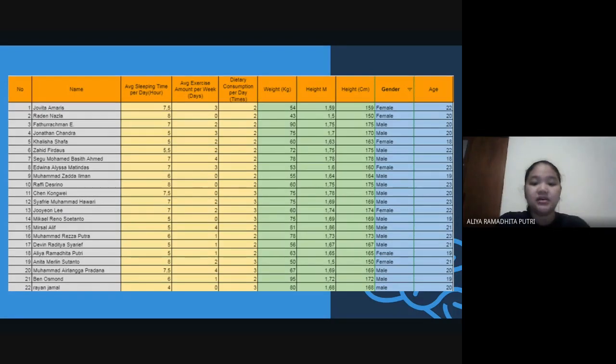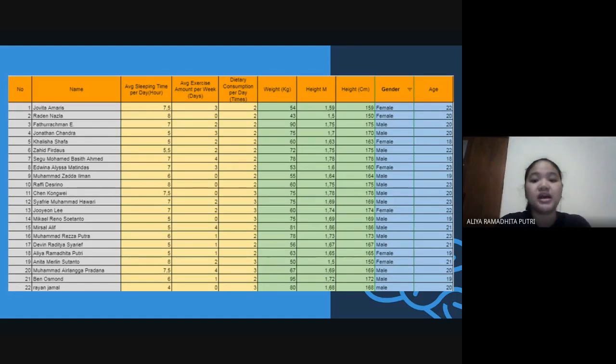Next, please. Okay, so here are the results of the census that have been conducted. The data variables for census one are average sleeping time per day, average exercise amount per week, dietary consumption per day, height and weight.